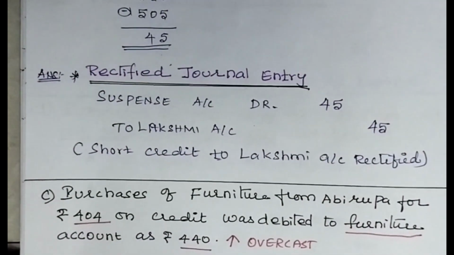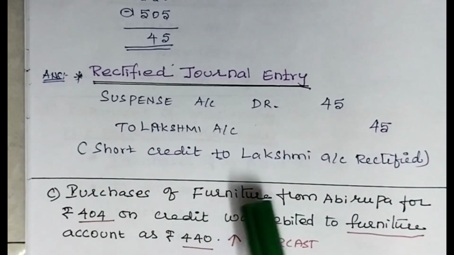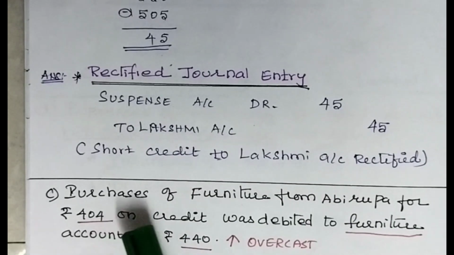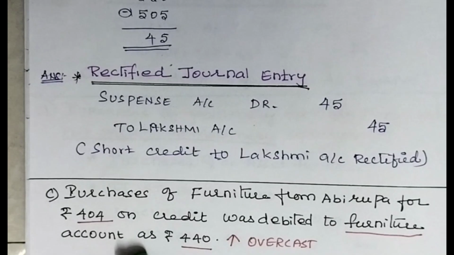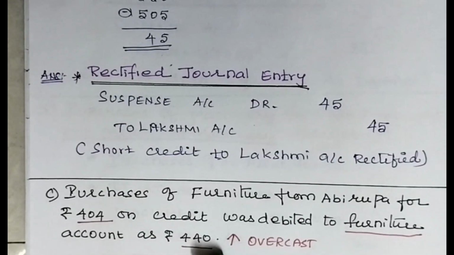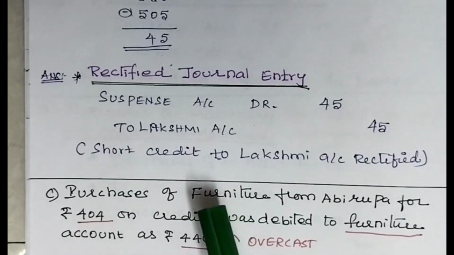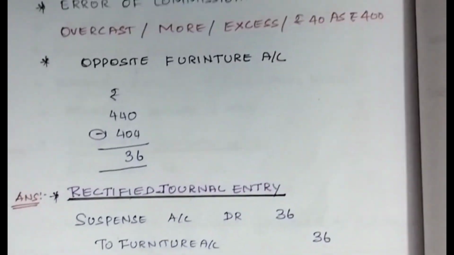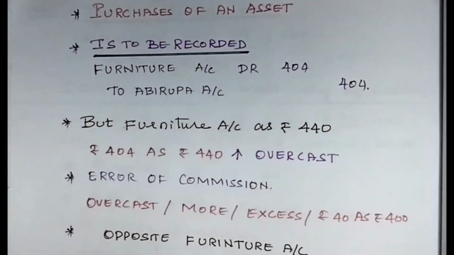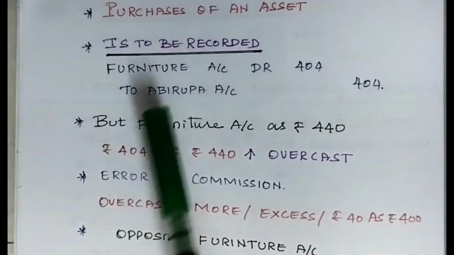Listen here, what does this transaction tell us? Where is the error? Purchase of furniture from Abhirupa for rupees 404 on credit was debited to furniture account as 440. What accounts are involved here? Two accounts: furniture account and Abhirupa account.